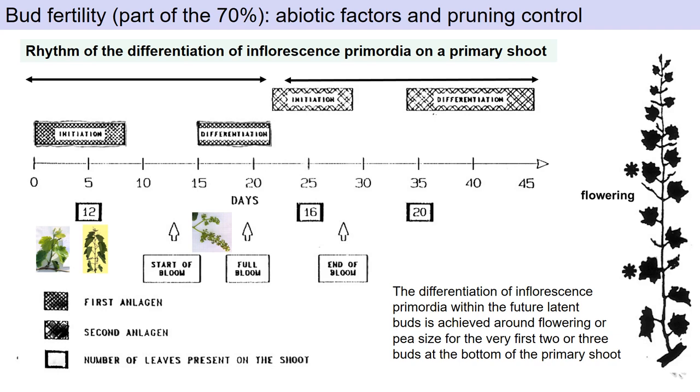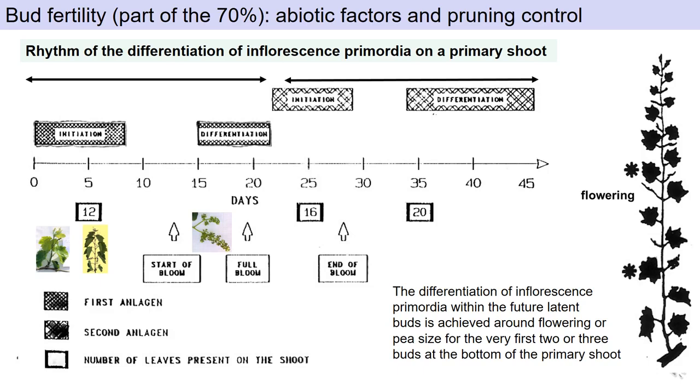It is interesting to understand that while the primary shoot is growing, at the axil of each leaf you have a future latent bud. And at flowering, we have observed that the very first bottom latent buds are already differentiated.